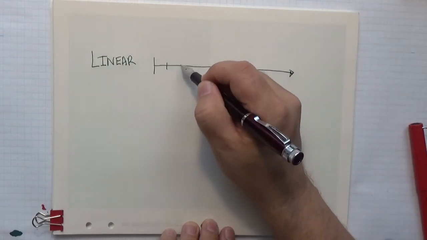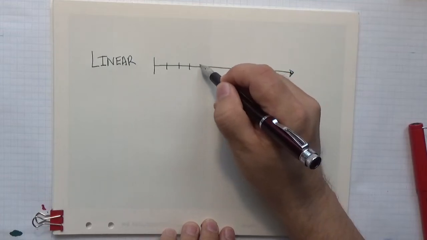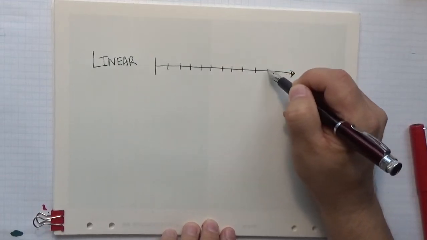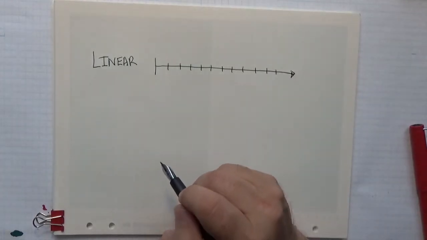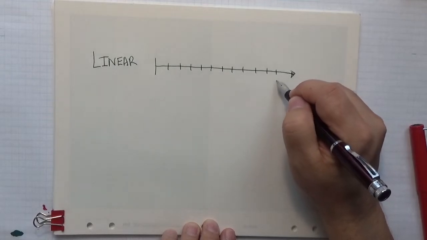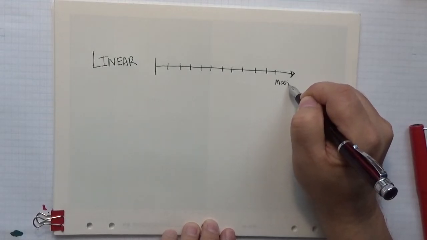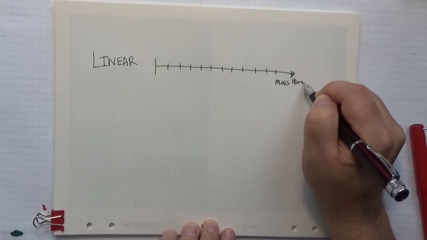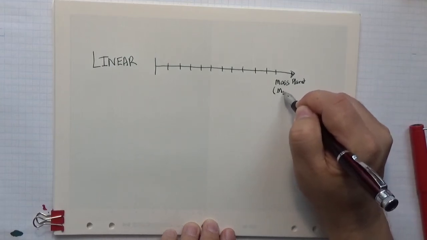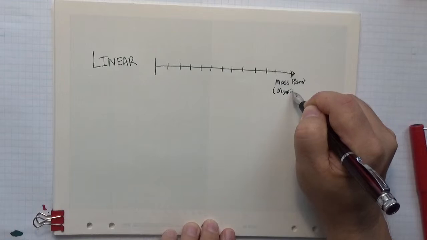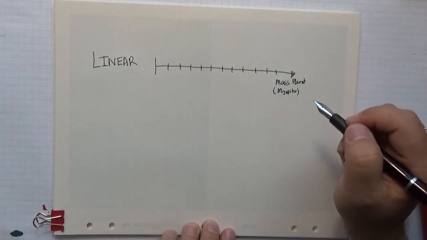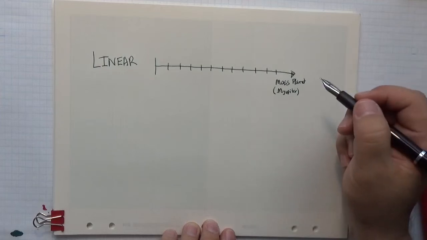So if I put a series of individual marks down the page here, all spaced evenly, and this may be anything we want to measure. So let's suppose it is the mass of a planet, and the units in this case are units of the mass of the planet Jupiter. So whatever value you get along this axis, you multiply it by the mass of Jupiter, and that's the mass of the planet.